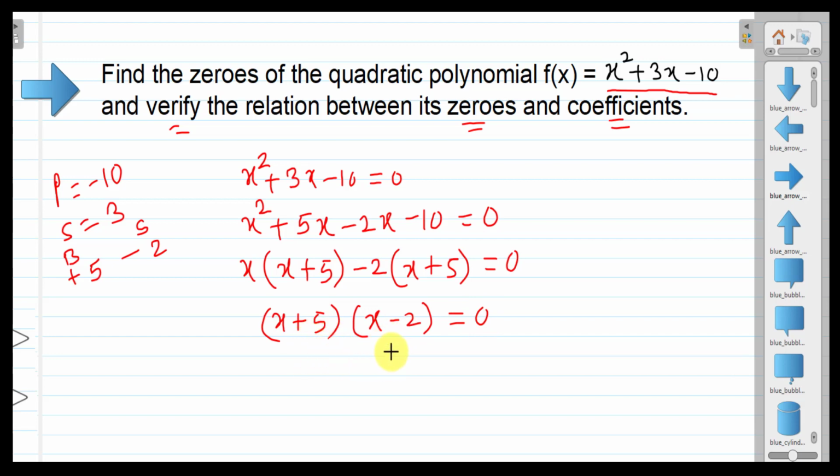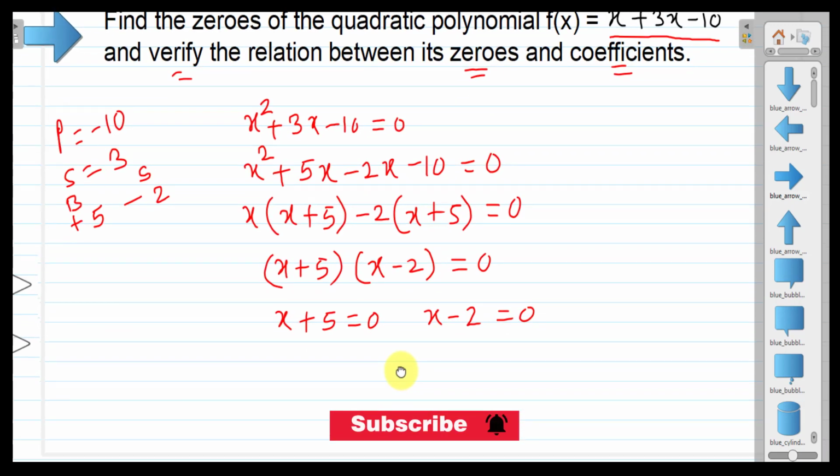Since the product of these two brackets is 0, either this bracket should be 0 or this bracket should be 0, then only the product will be 0. So x plus 5 should be equal to 0 or x minus 2 should be equal to 0.